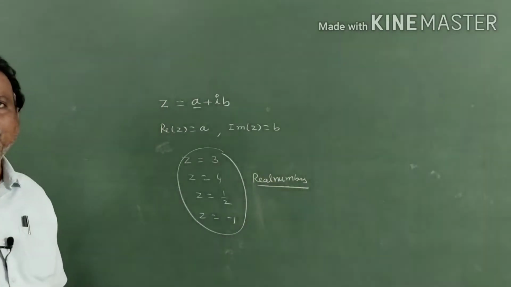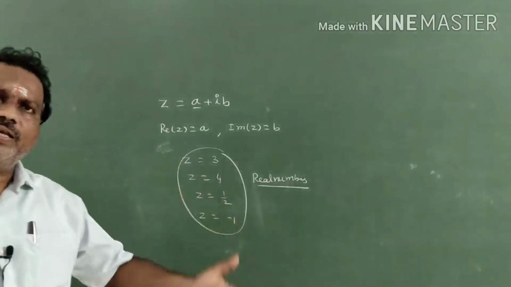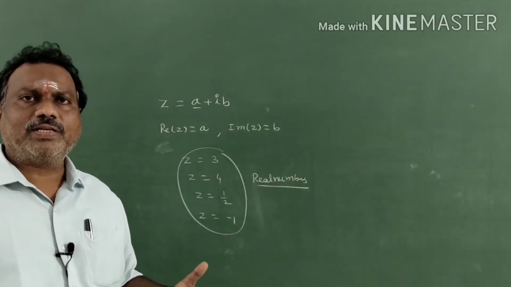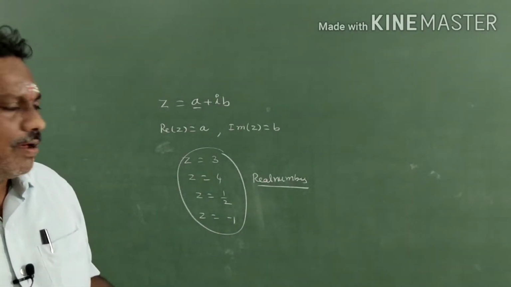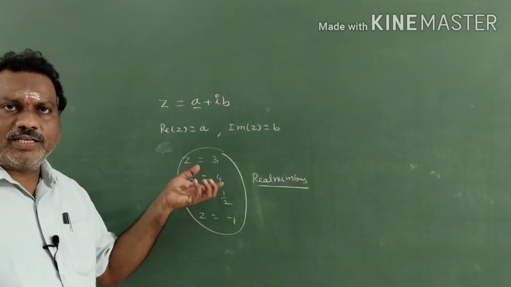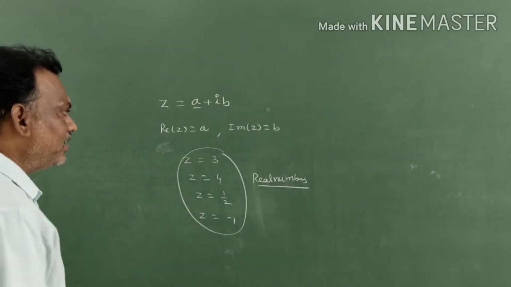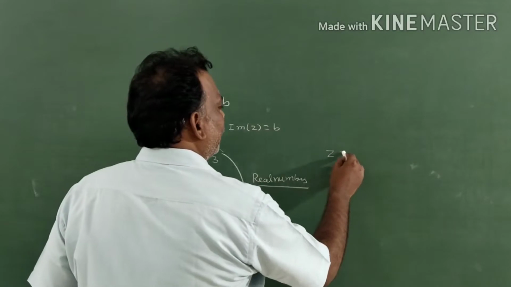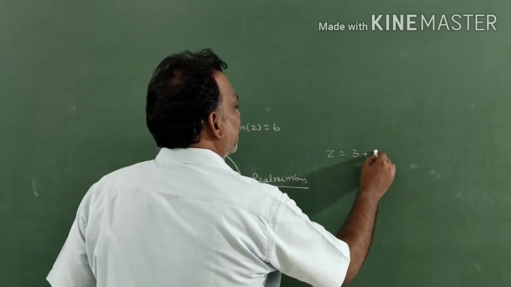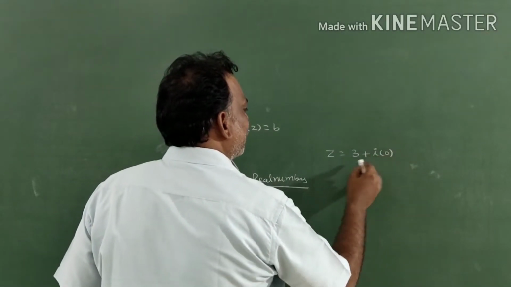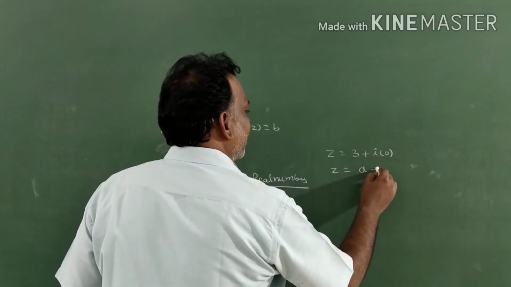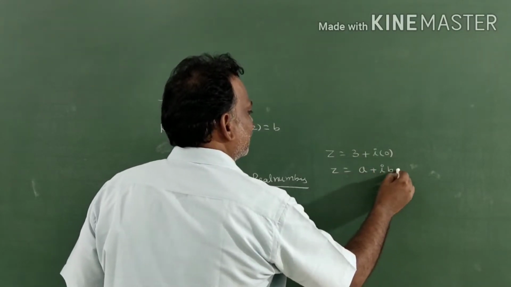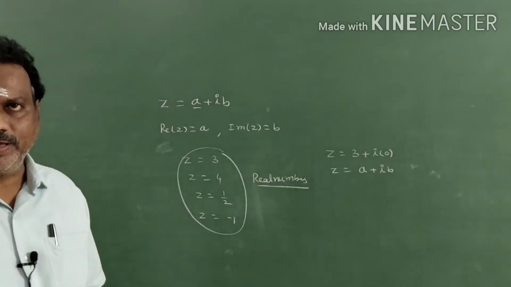Real numbers are also complex numbers, because real numbers are a subset of complex numbers, but they have a specified name. Why? Because for Z is equal to 3, to put it in the general format, we write it as 3 plus i times 0.